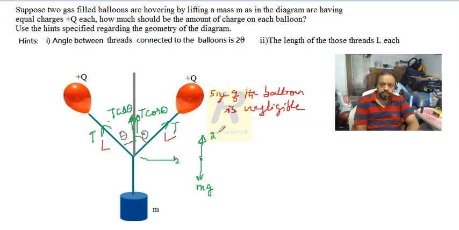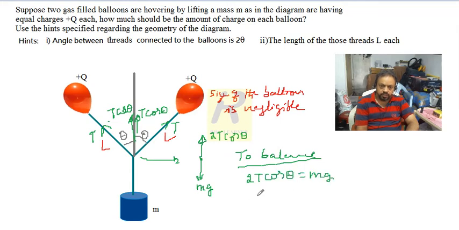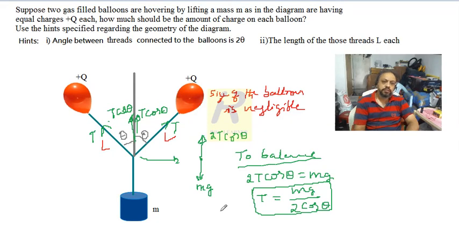That means 2T cos theta is acting in the upward direction and downward is mg. To balance, 2T cos theta must equal mg. Otherwise, I can say T equals mg divided by 2 cos theta. So this much will be the tension acting in each thread.